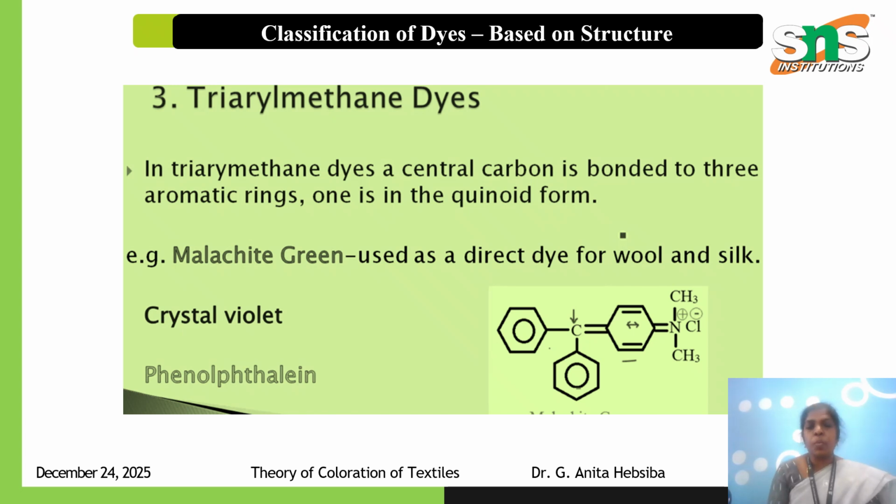In one it is in the quinonoid form. So the central carbon is connected with two benzene rings and one quinonoid ring, and it is again a quaternary ammonium salt here. Malachite green is used as a direct dye for wool and silk. Crystal violet and phenolphthalein are also examples for triaryl methane dyes.